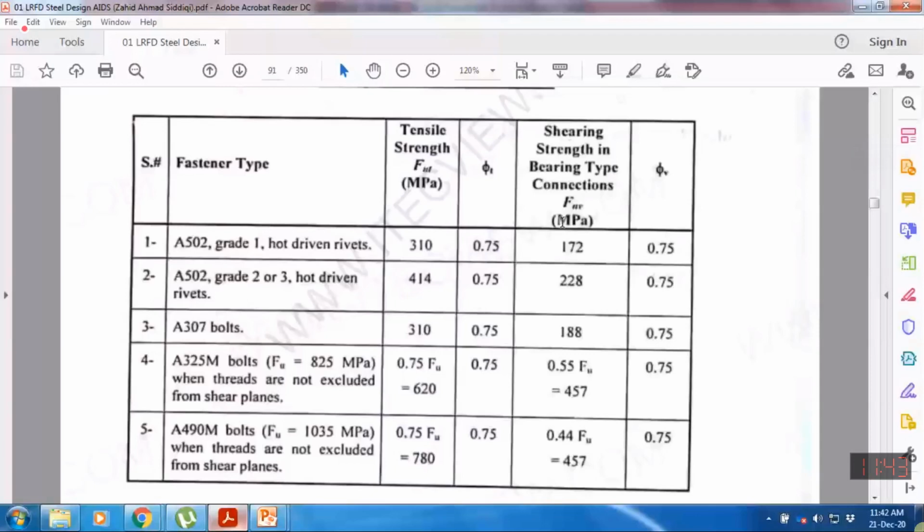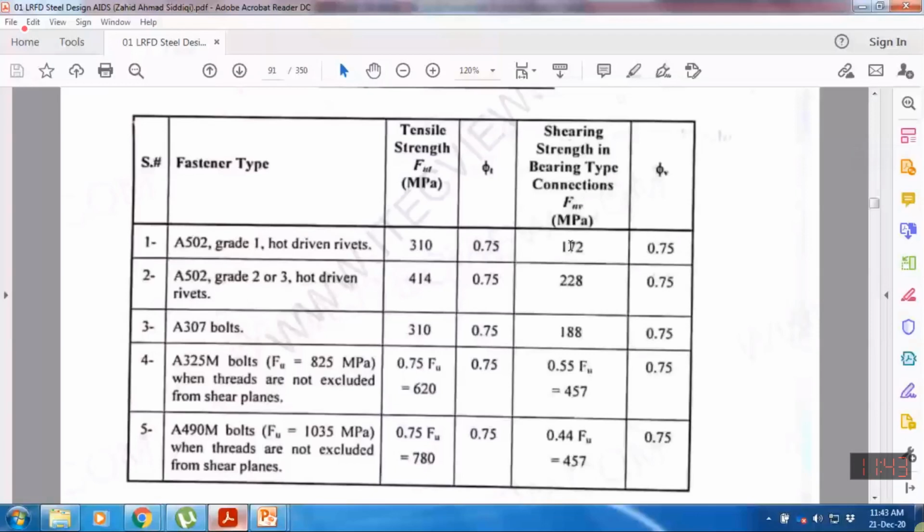If you check, the ratio of shear strength to ultimate strength is 0.55, meaning the shear strength is considered as 55% of the ultimate strength. You can check also: if you divide 172 by 310, you get 0.55.